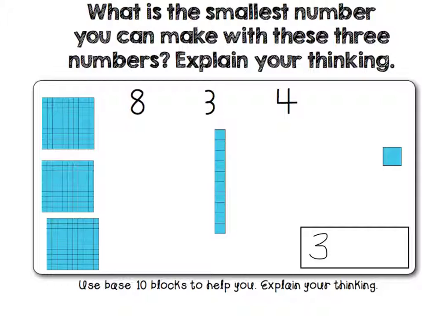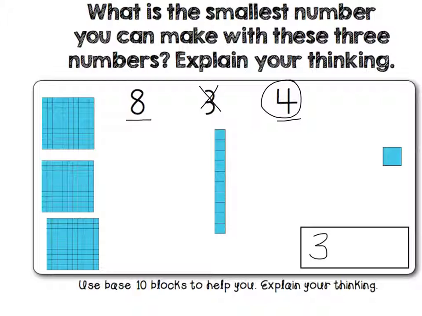So I'm going to look for my smallest number. Now, I've already found that 3 is going to go in the hundreds place, so now I'm only looking at the 8 and the 4. Which number has the smallest value? If you said 4, then you would be correct. But let's check our work.